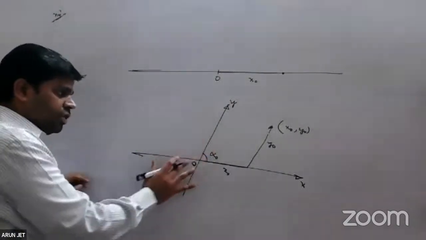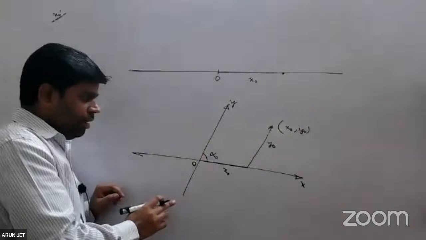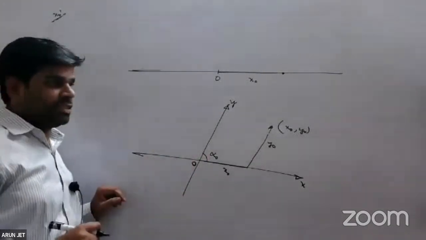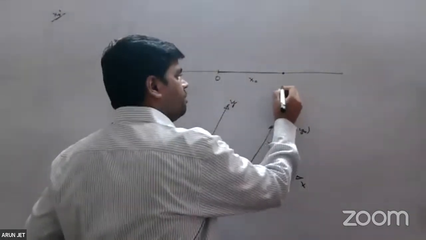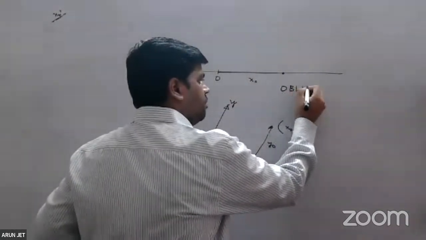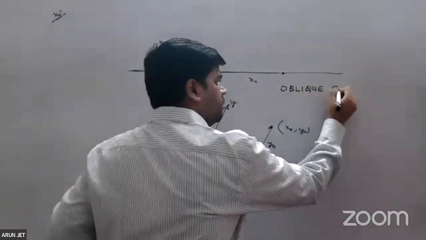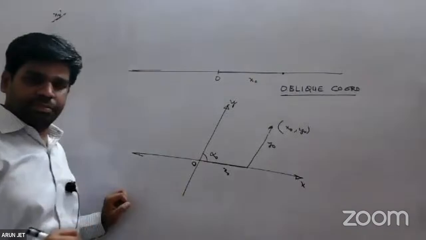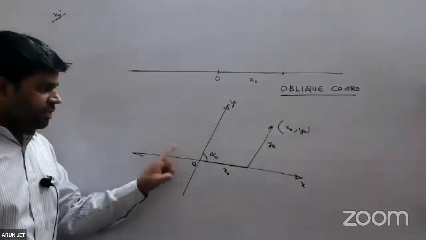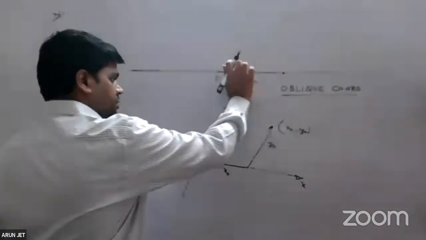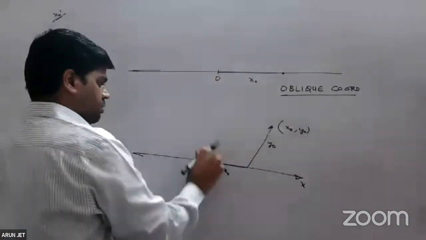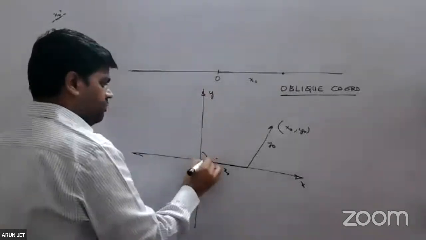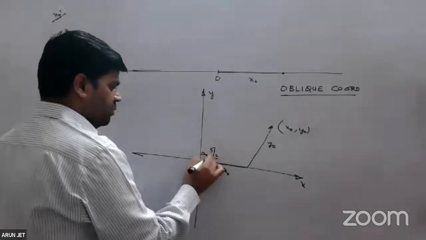And this system is called coordinate system. If this alpha is not pi by 2, this is called an oblique coordinate system. If this alpha becomes pi by 2, that means these are perpendicular to each other.